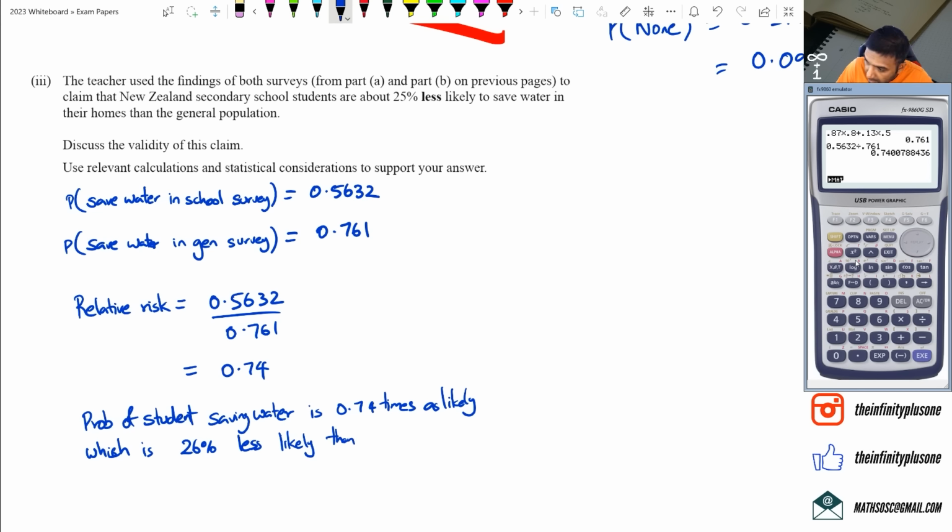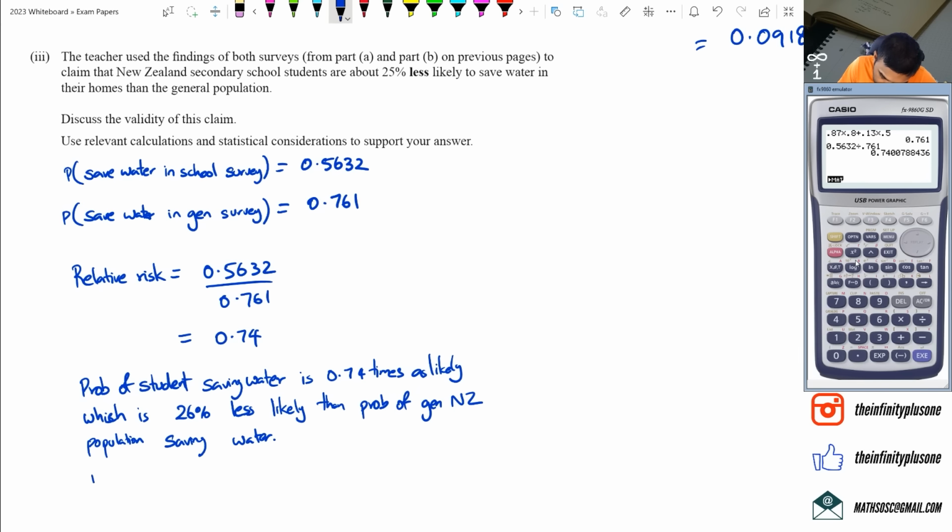Less likely than probability of general NZ population saving water. So this is roughly 25% less likely, so the claim could be valid, right? This is about 25% less likely, so claim could be valid.